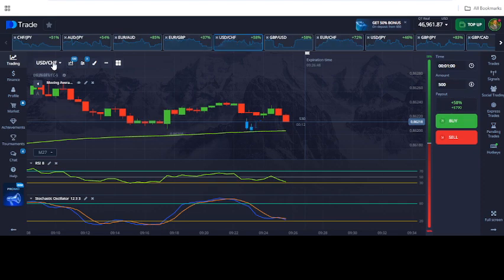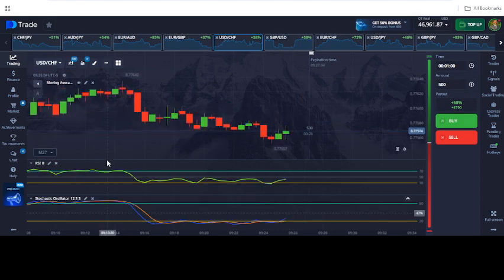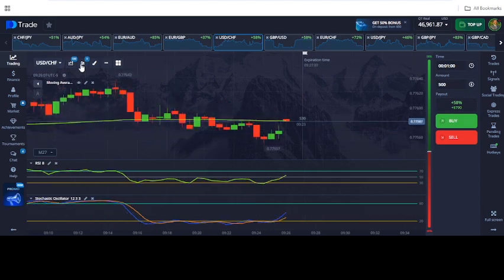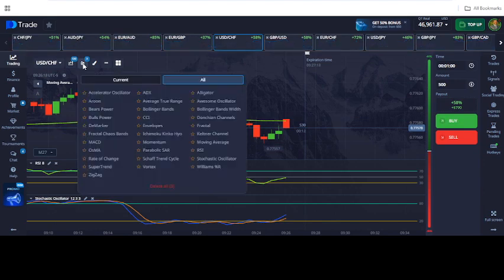Okay, so I'm going to be utilizing three indicators. If I click on my indicator icon here, my first indicator is the moving average indicator. The second is the RSI, and the third is the stochastic oscillator.